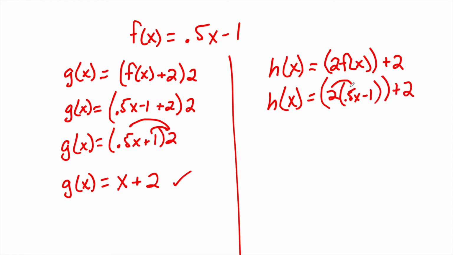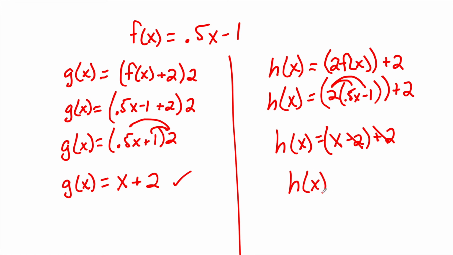So we have 2 times 0.5x, which we said earlier was the x by itself, so we just get an x. And then we have 2 times the negative 1, which gives you minus 2, plus 2. Now, there is no reason for these parentheses. As you can see, we're just adding on the outside. So this is really negative 2 plus 2, which actually cancel out, leaving you just with what we got earlier, which is the h of x equals x.